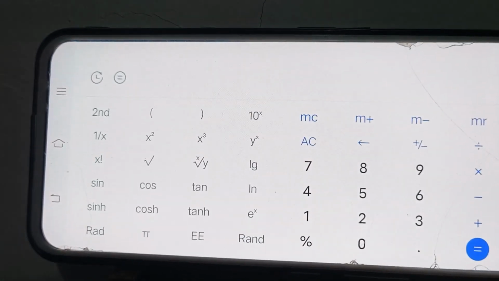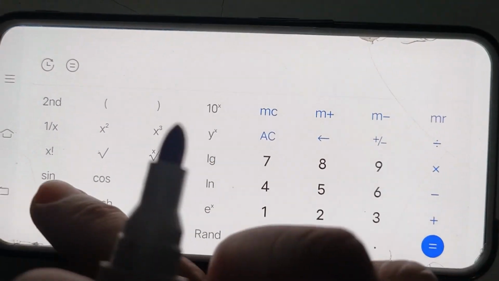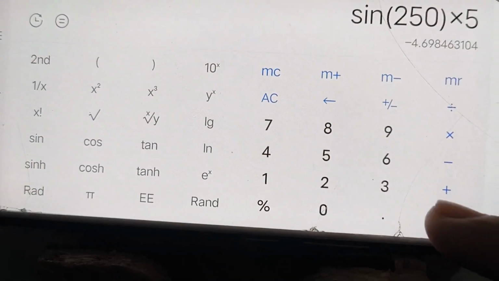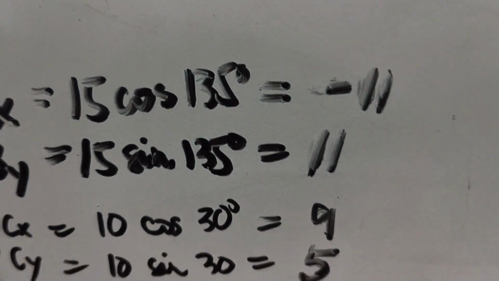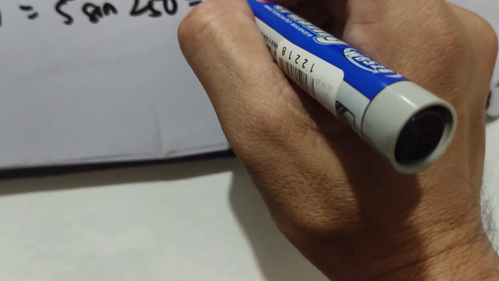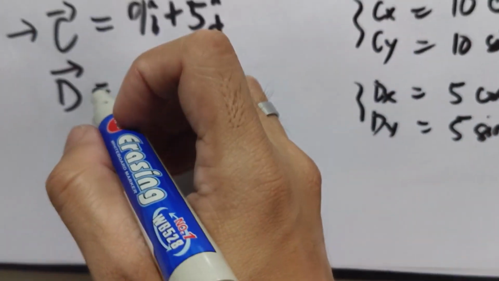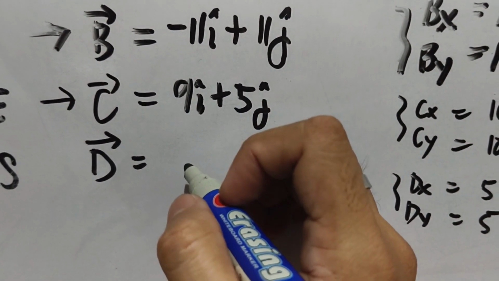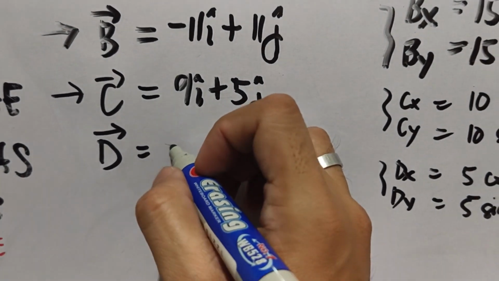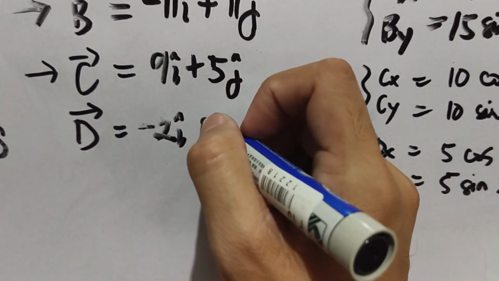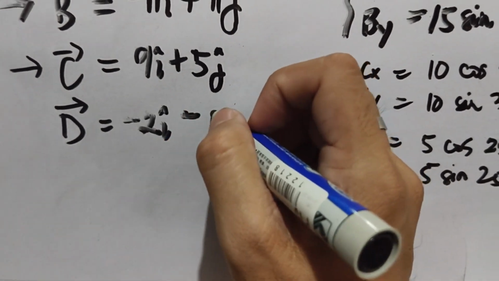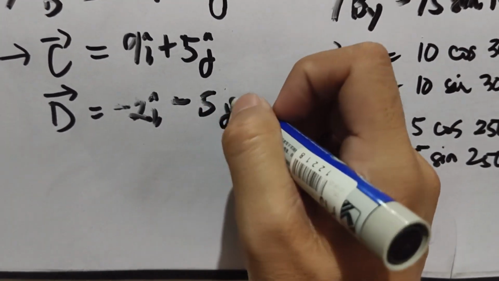And the y component is sine of 250 times 5. It's negative 4.69 or negative 5. So we can write vector D in terms of vector notation as negative 2i plus negative 5j.